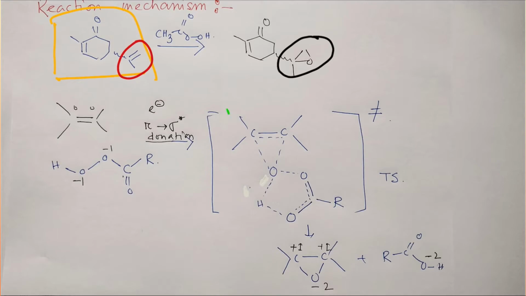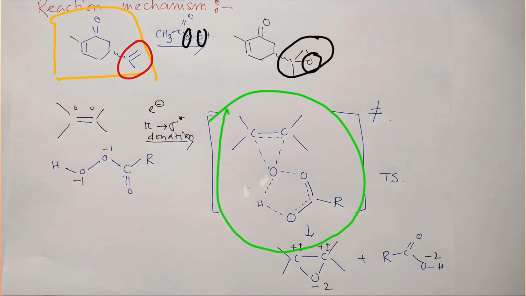The transition state is this one, students. Try to remember it, it is helpful. Another important piece of information is which oxygen is converted into the epoxide oxygen, this one or this one. The answer is that this oxygen is transferred to the alkene.